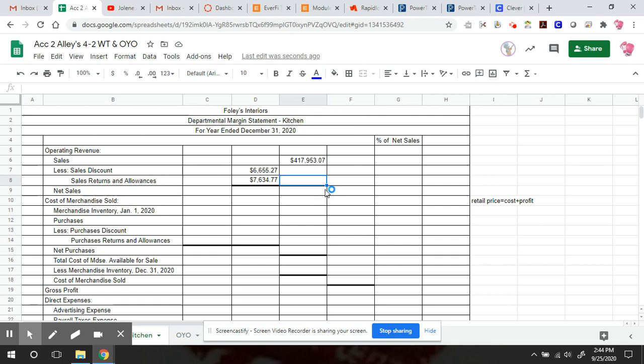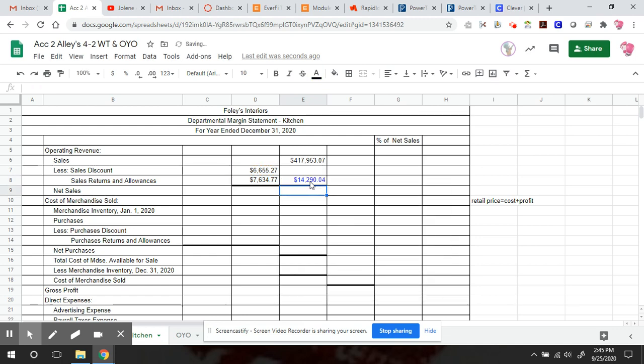In cell E8, we're going to put a formula to add the sales discount and the sales returns and allowances together. I put equals, then the cell addresses, D7 plus D8.